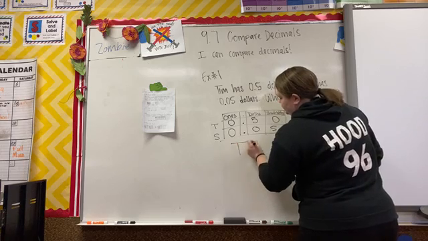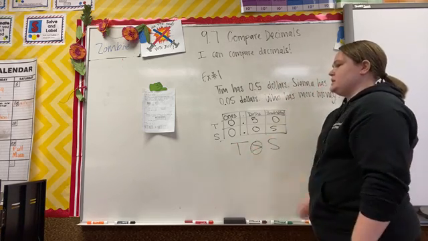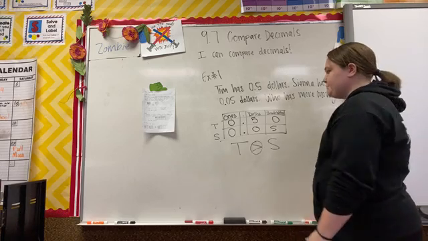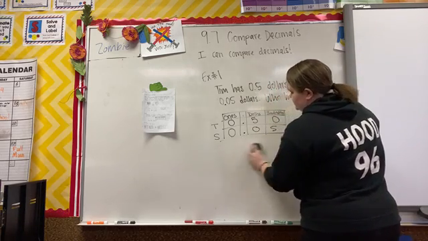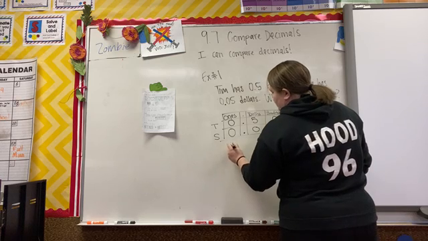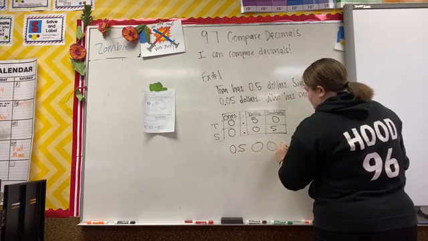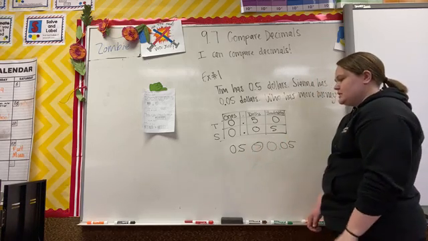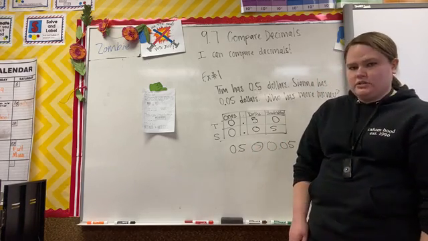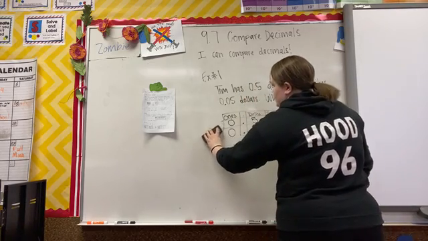Tim has more money than Sienna. Okay? I guess I could also write that as 0 and 5/10 and 0 and 5/100, and 5/10 is greater than 5/100. Okay, let's try another one.